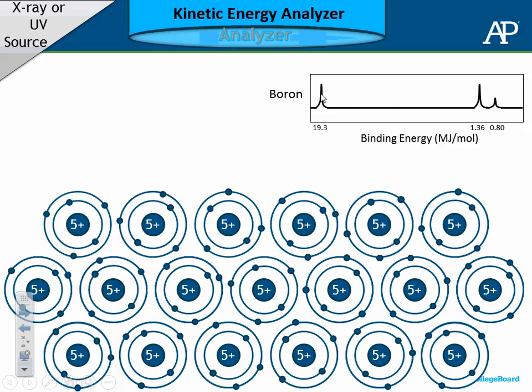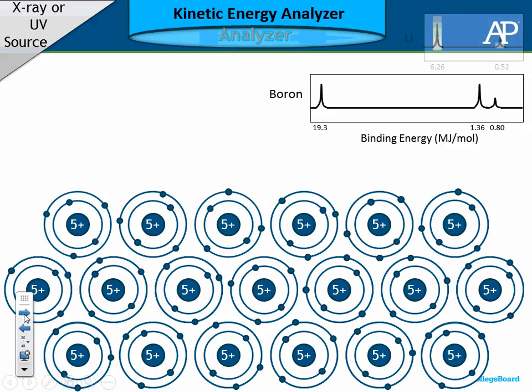So it's the same number of electrons that are in the energy level at 19.3 binding energy as it is in the 1.36 binding energy. And then there's another peak about half the size of the other peak at the 0.8. So this is where we get our shells and subshells from.